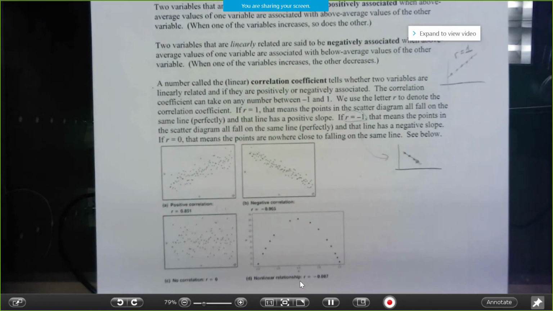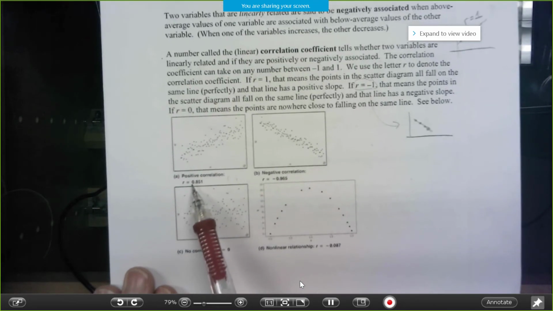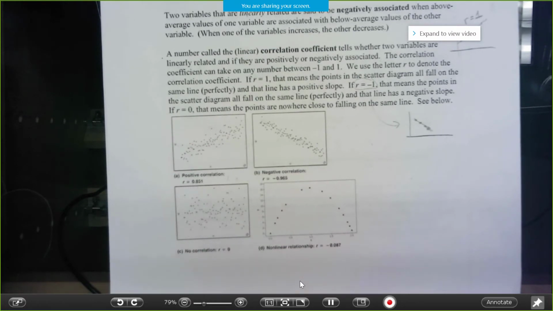And so here are some illustrations of different values of the correlation coefficient. If R is 0.851, first of all, that's positive, so if you look at the cloud of dots, they should generally be sloping uphill. And you can sort of see that. The closer it is to 1, the more tightly the dots are centered about a line.